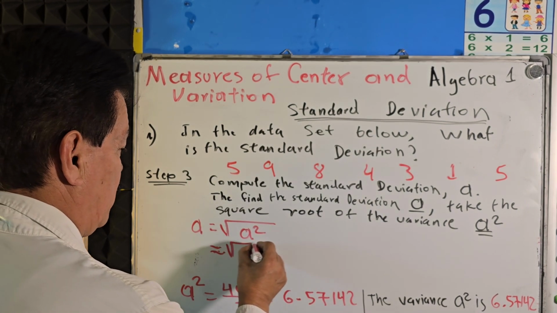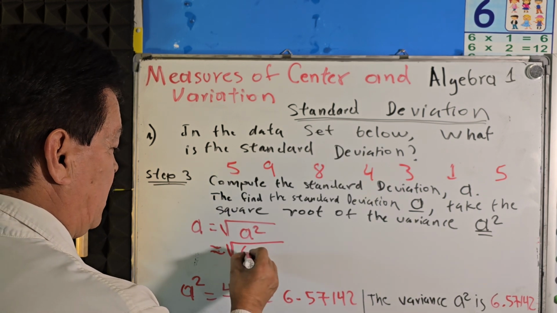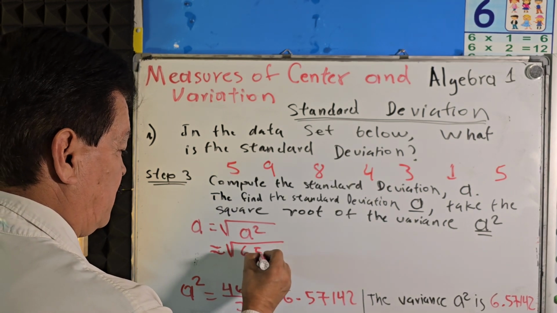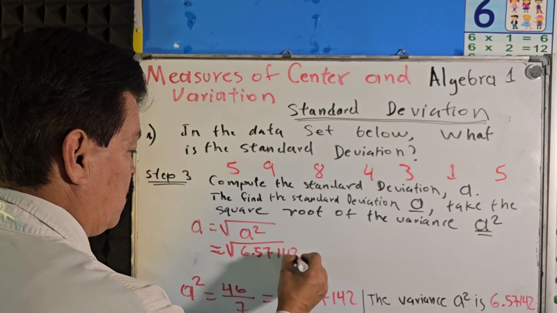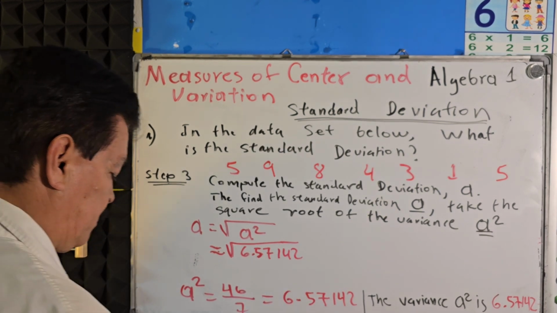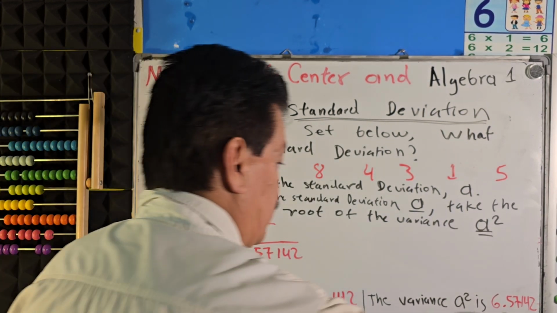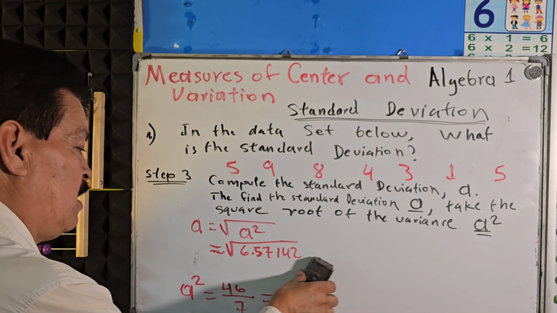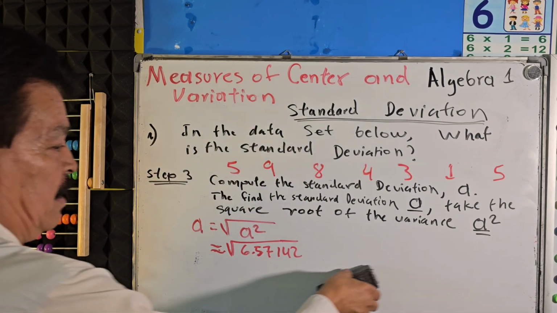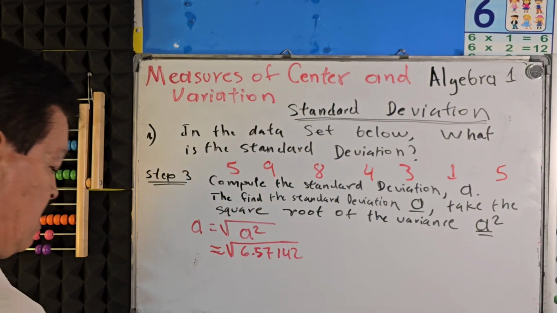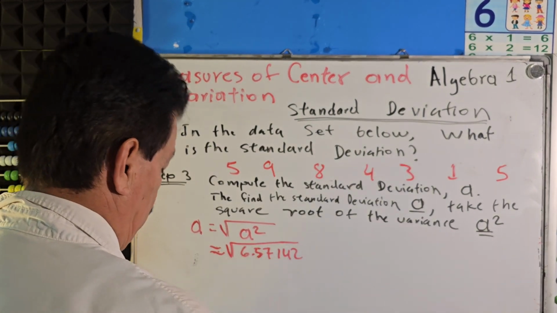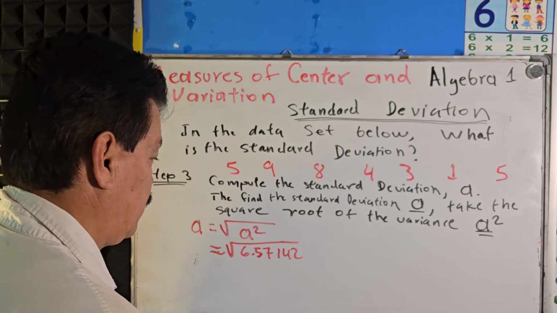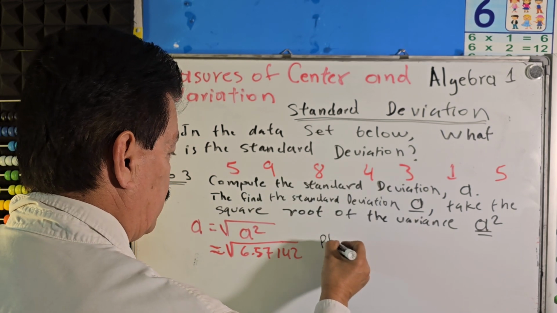We have the number 6.57142, right? Let me erase all this. We don't need it. Now we have all the steps right here. The step that I did is I plug it in.